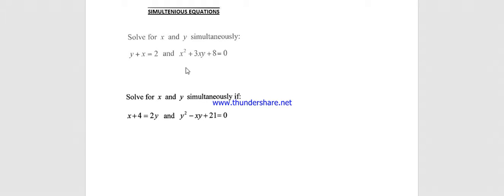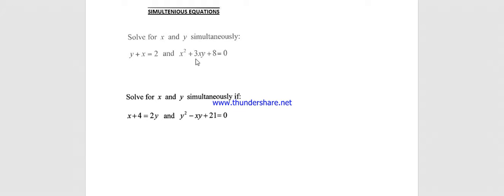Then on your simpler, less complex, easier equation, you make one variable, either x or y, the subject of the formula, right? In this case, it is easy to make y the subject of the formula because you take x across. Or you can make x the subject of the formula by taking y across the equal sign.